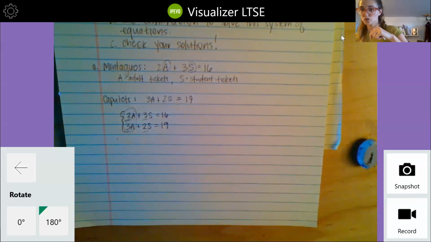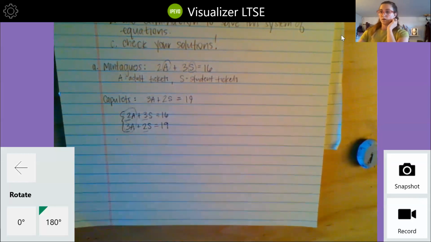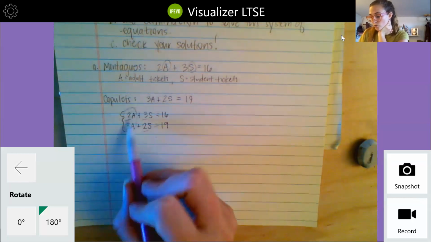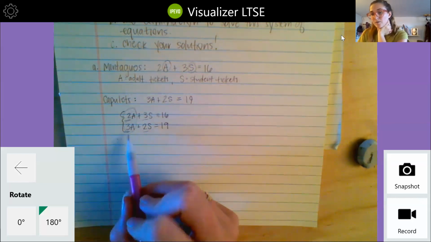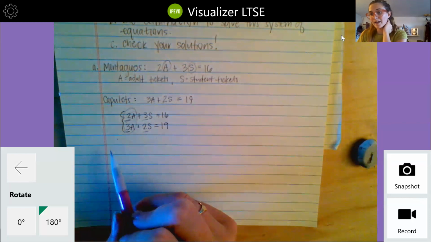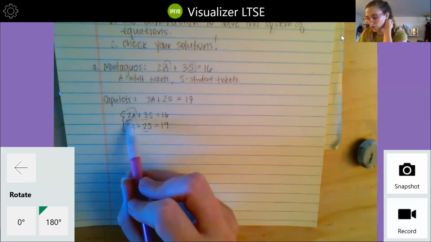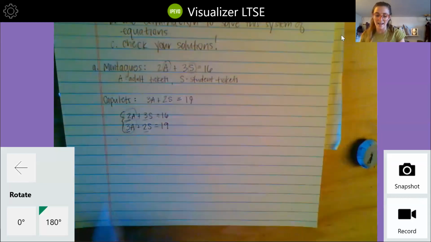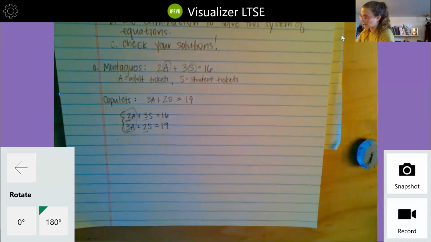Okay, so in order to eliminate these variables, again, I'm going to multiply by a number so that I can change these into their additive inverses. Let's just decide we're going to eliminate the a first.